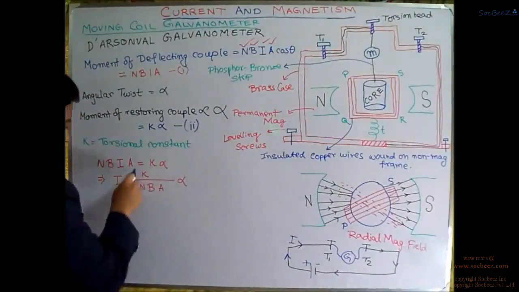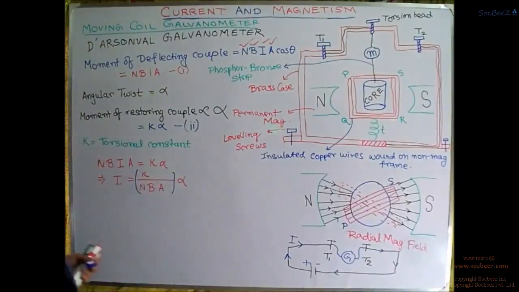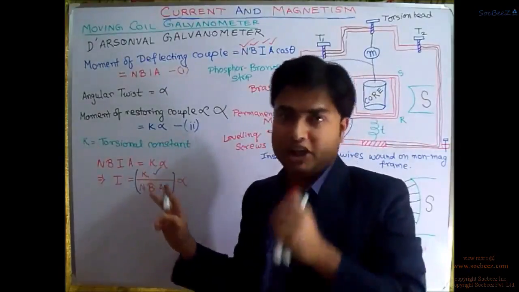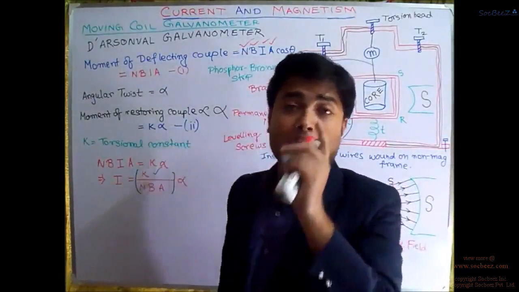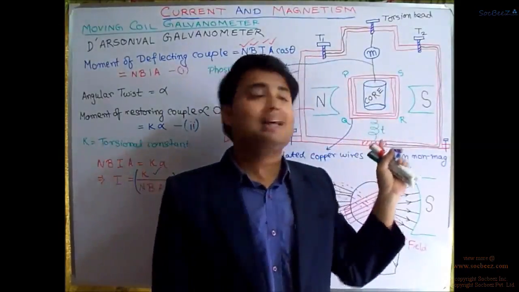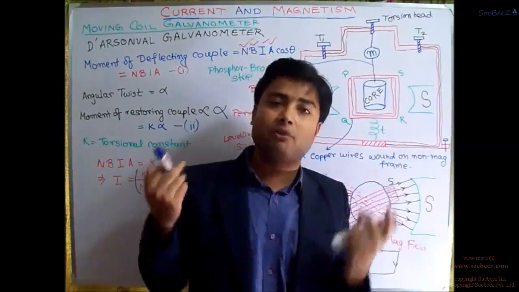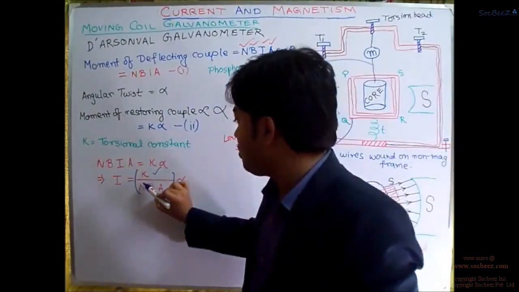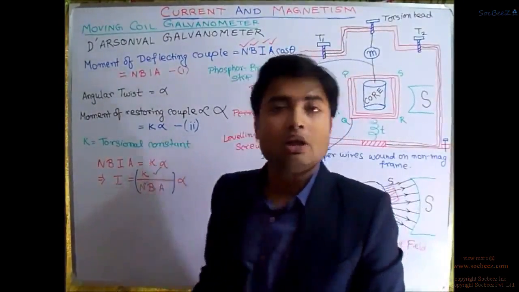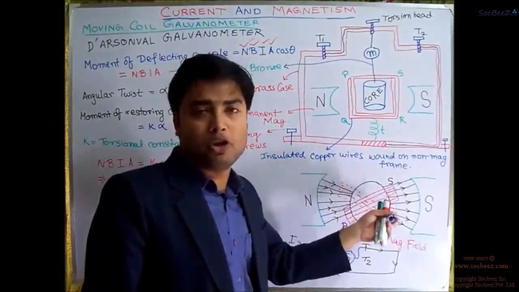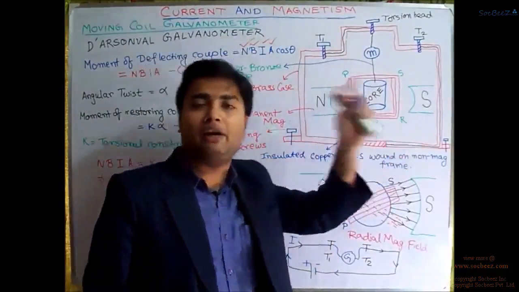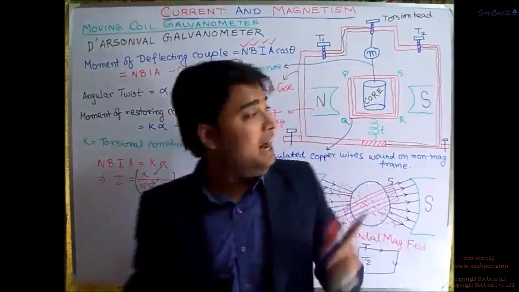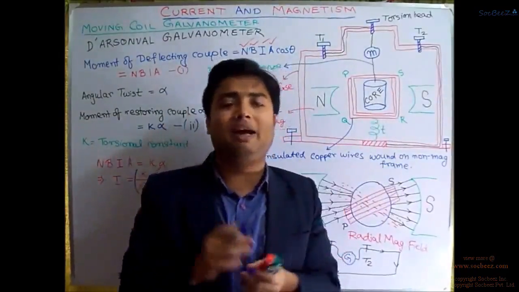Now also, minutely within this bracket, K is a constant known as the torsional constant, it won't change. N is the number of turns over here. This has been put originally, whatever the number of turns it was, it will remain the same. So, for the time being, this is constant. The radial magnetic field that is being produced by this permanent horseshoe magnet will be the same. And the area of this PQRS will again remain the same.